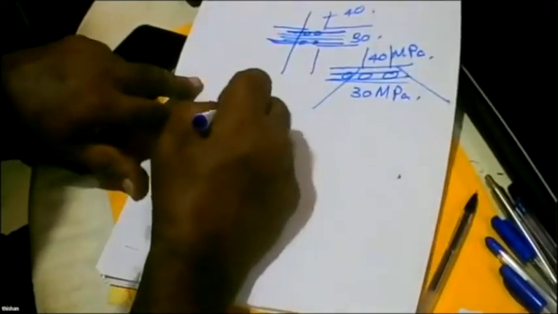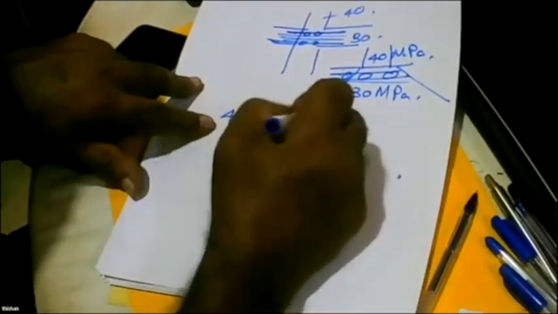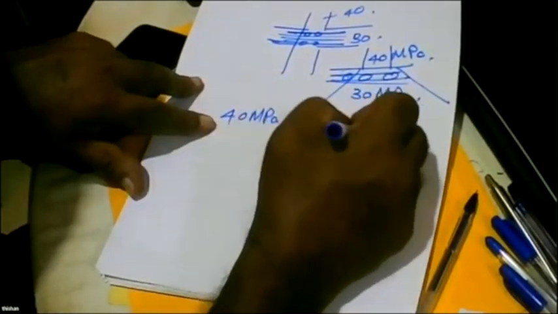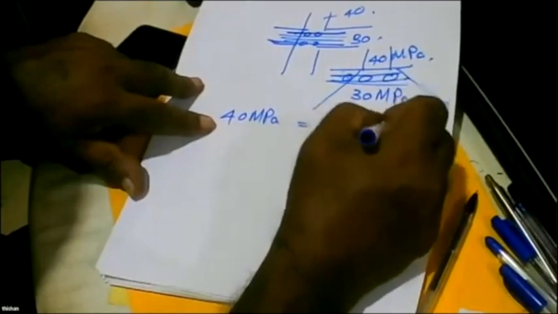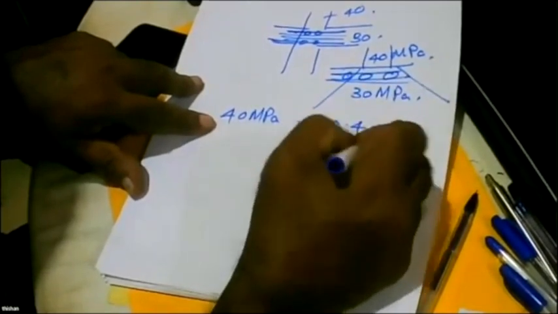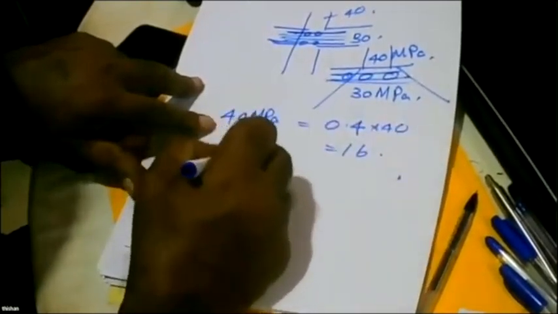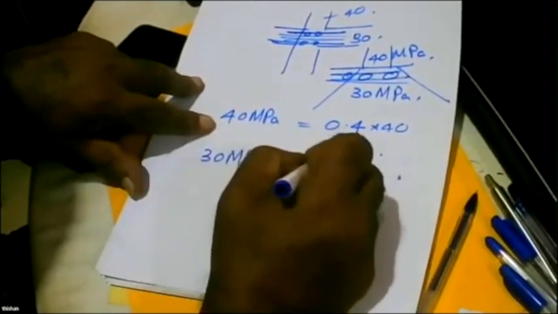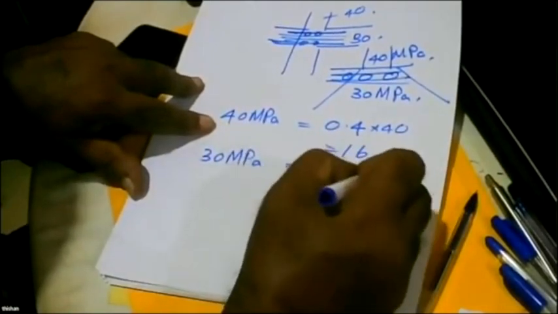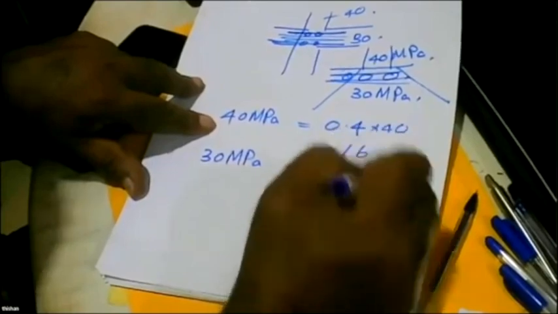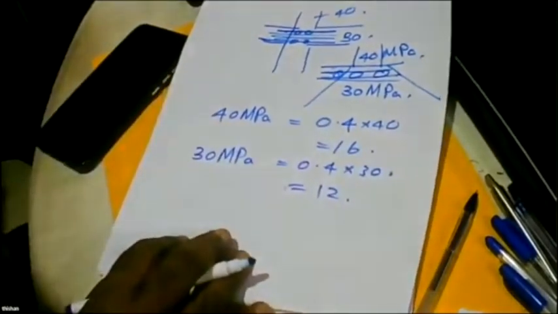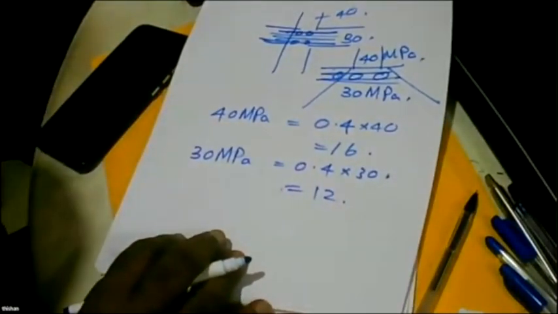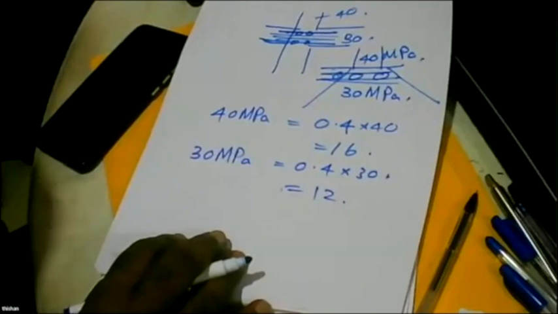And anyway, for 40 megapascal concrete, the working stress will be 0.4 times 40, so it will be 16. And for 30 megapascal concrete, again it will be 0.4 into 30, 12. So you can see, although we are having a difference of 10, within the structure the difference is only 4 under the working stresses.